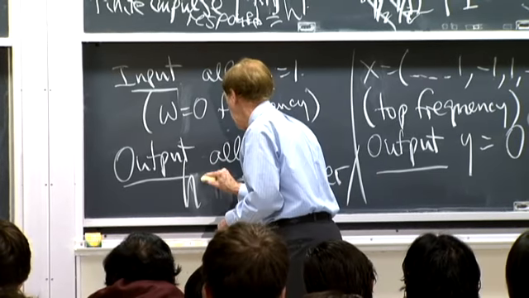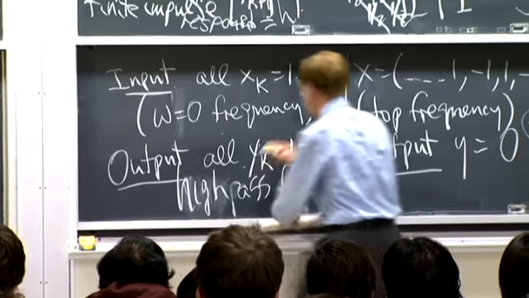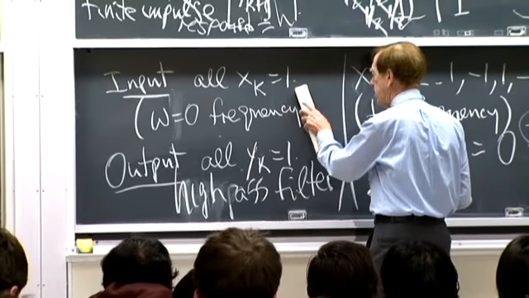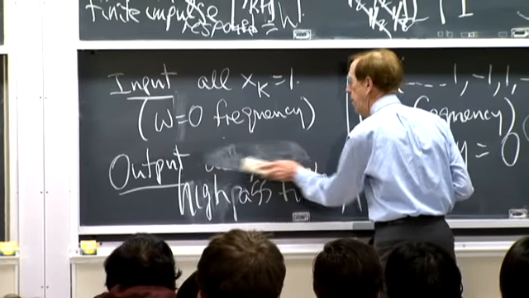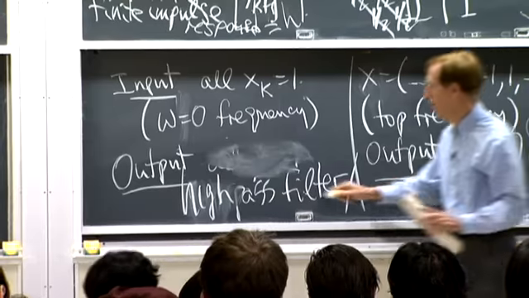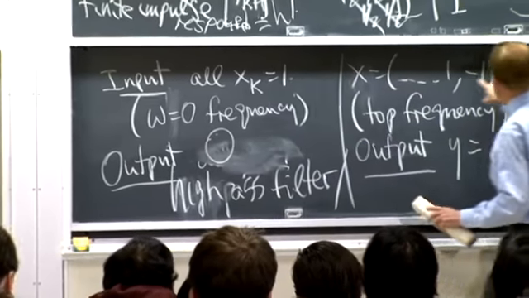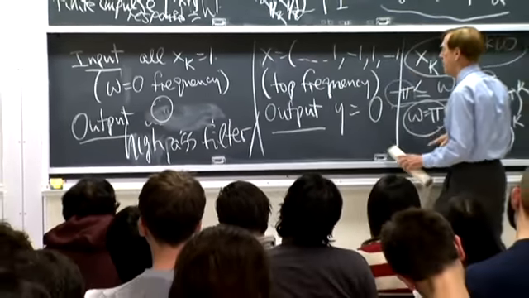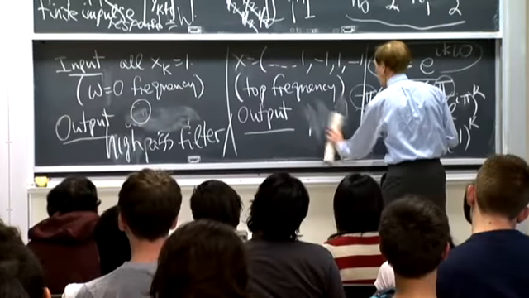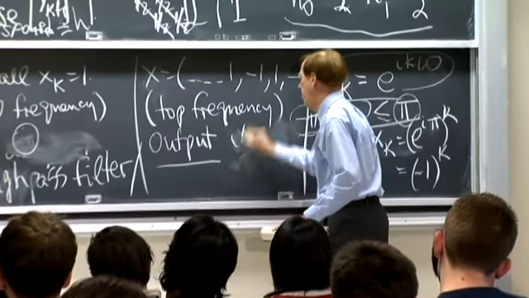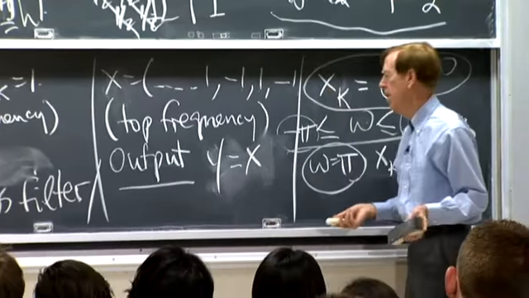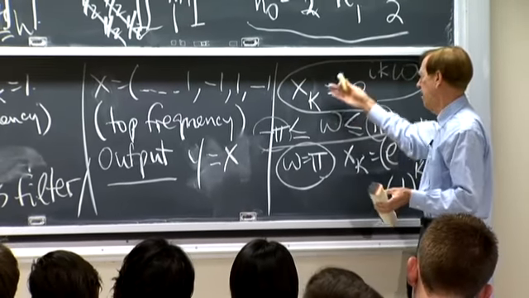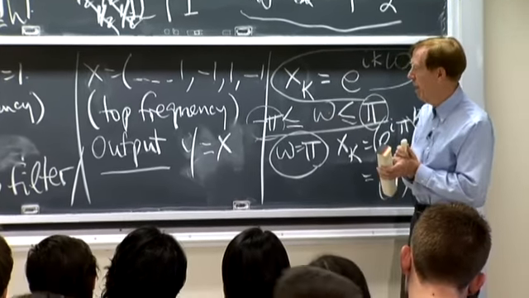And what's the difference? When all x's are 1, the output is going to be 0. And when I have the highest frequency, the output is going to be the input. And then in between, I'll do something in between.